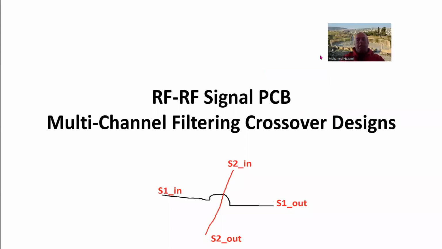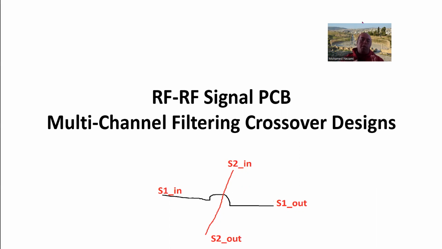So today, my friends, this is the fourth part of a series on RF to RF signal crossovers. And we define those. Please refer back to my videos for this theory.